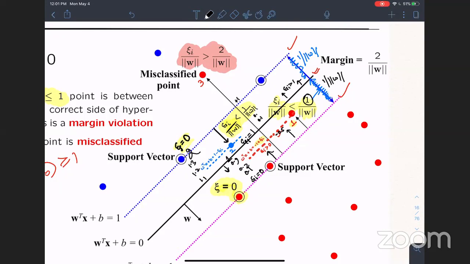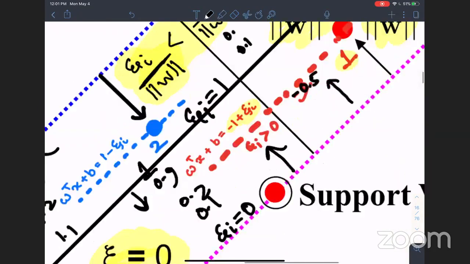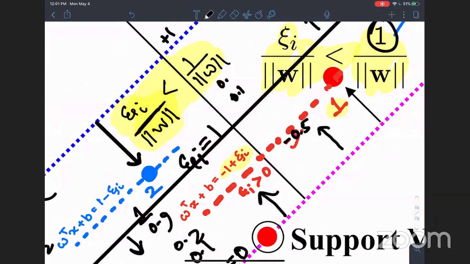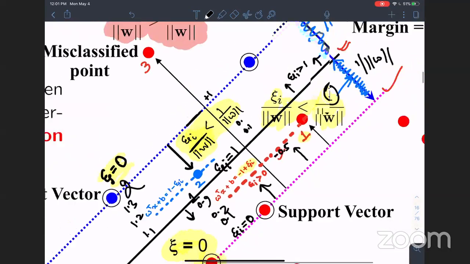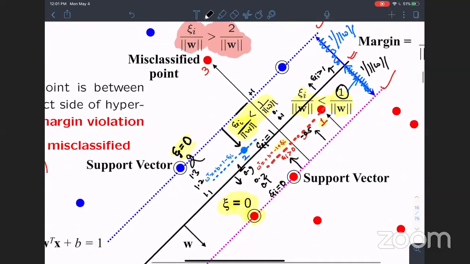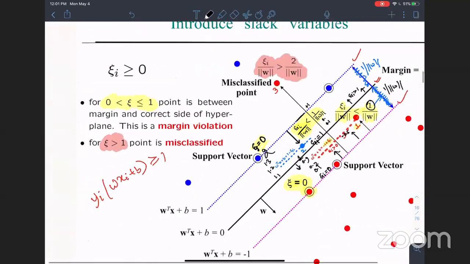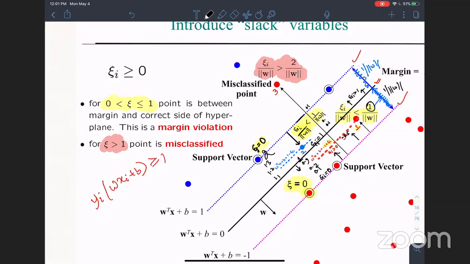Because if you are exactly on the other line of defense, your eta I for this equation has to be 2, so that you are sticking on this blue line now. So anything greater than 1 is misclassification. 0 to 1 is not misclassification, but it is intruding into the margin. You are in the line of attack of either of the parties, right? So avoid that. Question now from the chat.